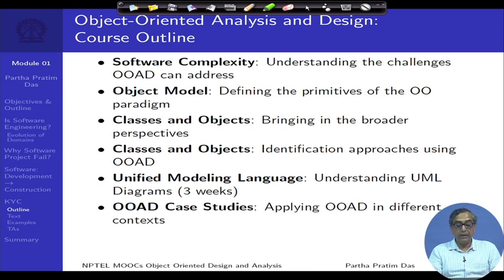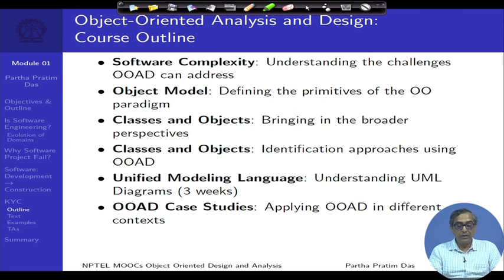We will talk about classes and objects in terms of bringing in the broader perspective of modeling, and with all this definition and background of theory, we will actually do hands on exercises and give you concrete principles on how you can identify objects, how to analyze them, and how to design based on them.